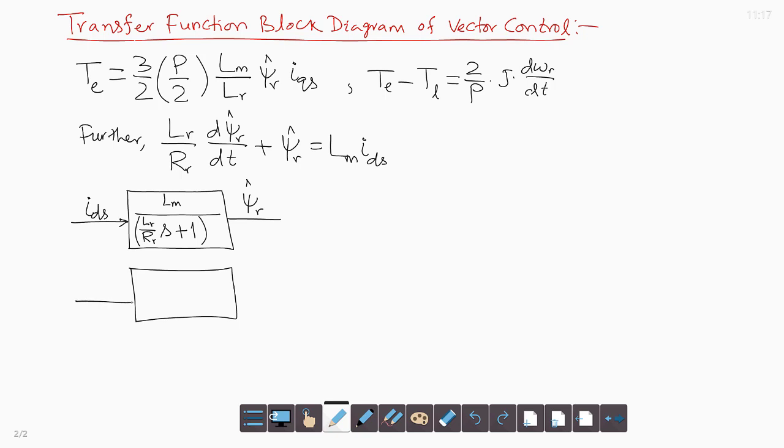And from the i q s input, we have 3 by 2 into pole pairs into L m by L r. This is multiplied with psi r, and the output is the electromagnetic torque T e.